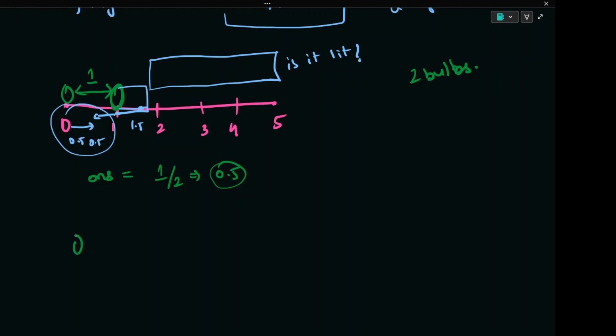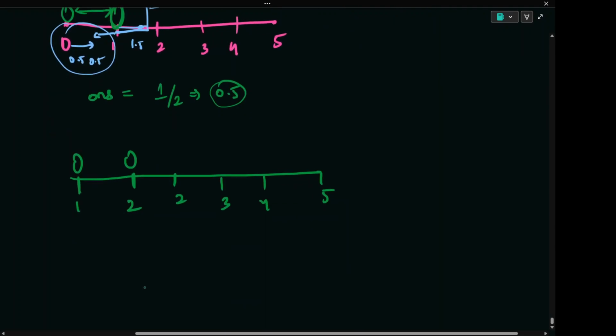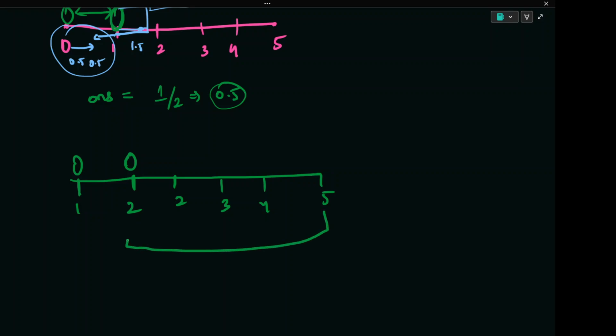So now we have those 2 bulbs here. 1, 2, 3, 4, 5. Can I say, or can I assume, I should not assume basically, can I say that the max distance can also be from here to here?